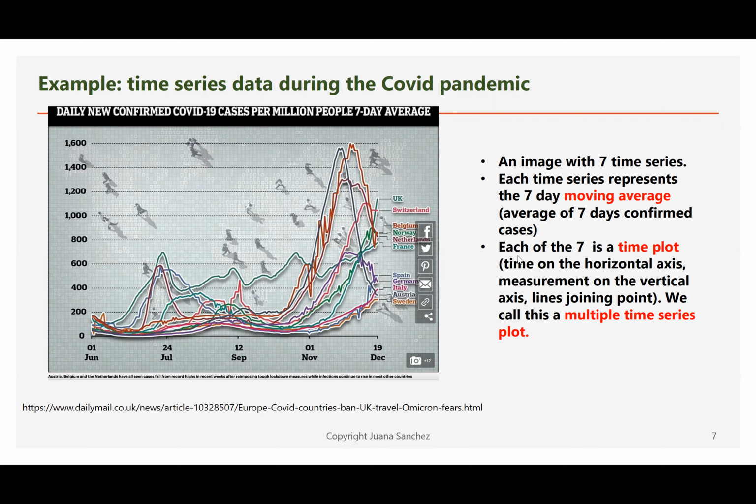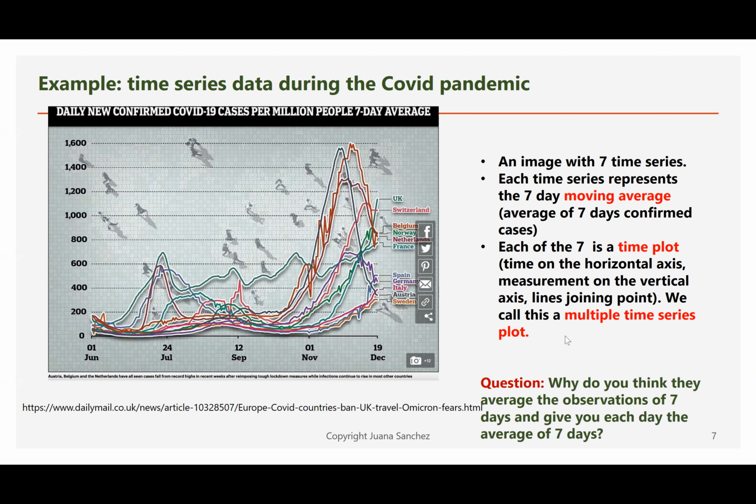And each of them is a time plot. We say that because time is on the horizontal axis, the value of the variable is on the vertical axis, and the observations are connected by lines. We call this a multiple time series plot.